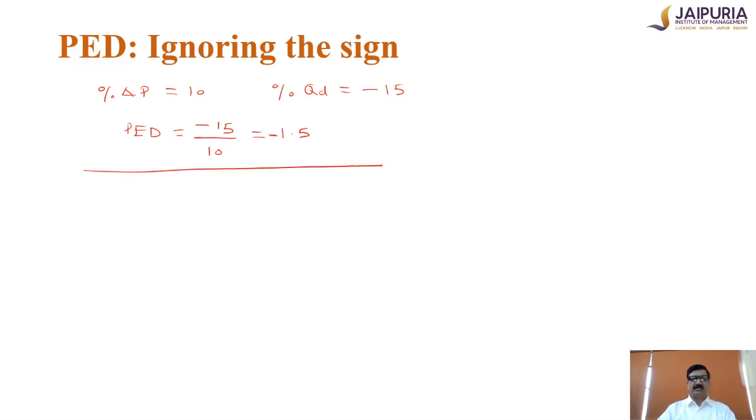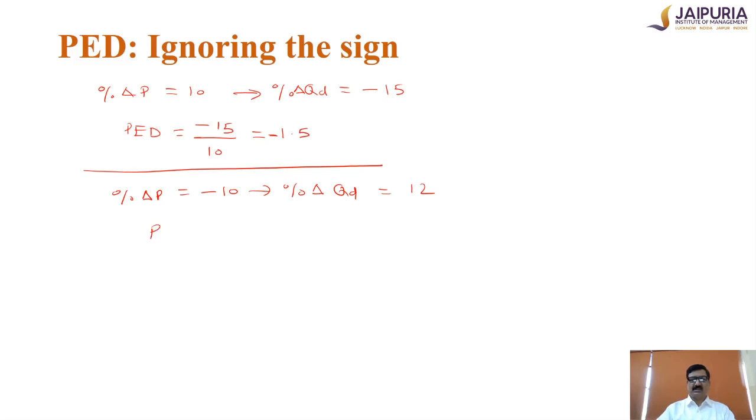Let's take second case. Suppose price of the product decreases by 10%. So percentage change in price is minus 10, and it leads to percentage change in quantity demanded, which is equal to, let's say, 12, which means price of the product has gone down by 10%, due to which quantity demanded has gone up by 12%.